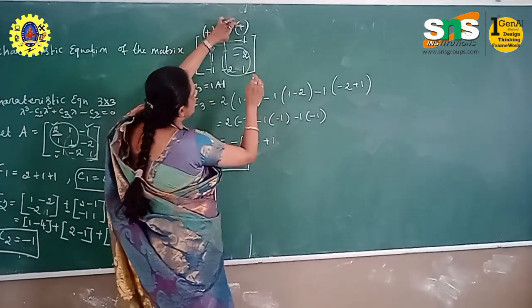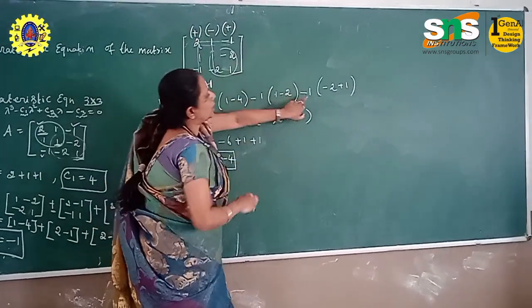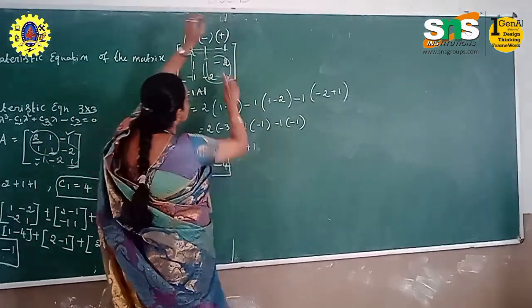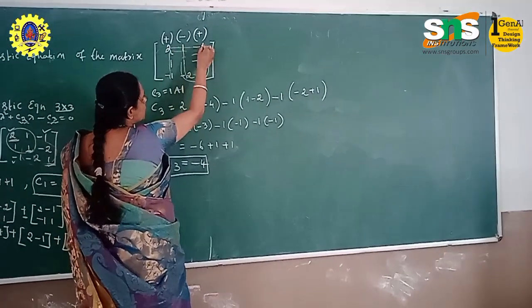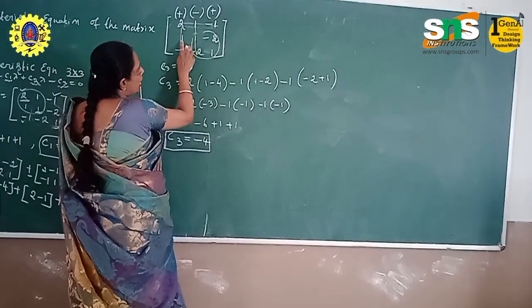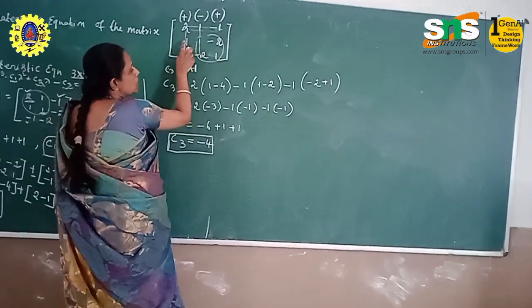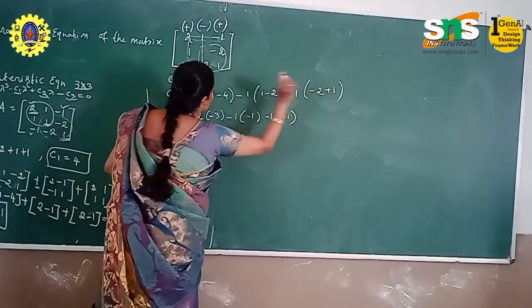Next we put the plus symbol, but the third element is minus 1, so plus into minus is minus. We leave the first row and third column, and the elements are 1, 1, minus 1 and minus 2. So 1 into minus 2 is minus 2, minus 1 into minus 1 is plus 1.